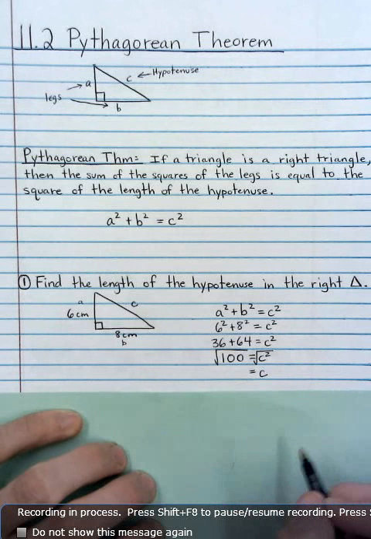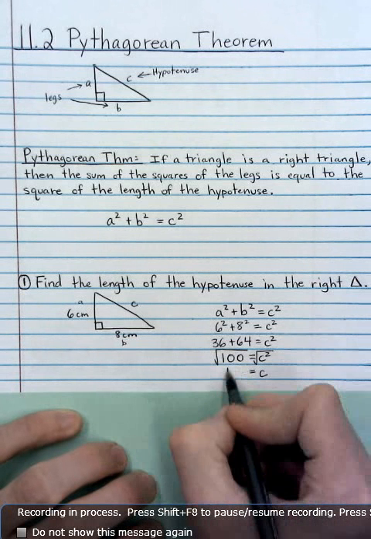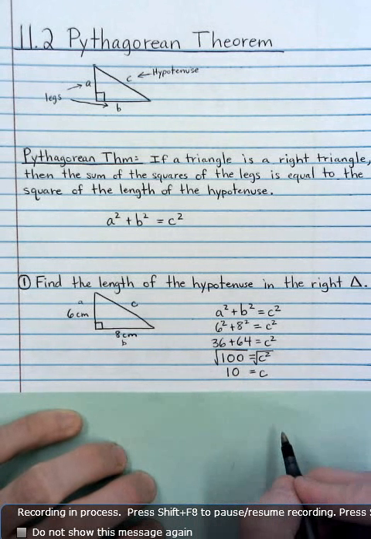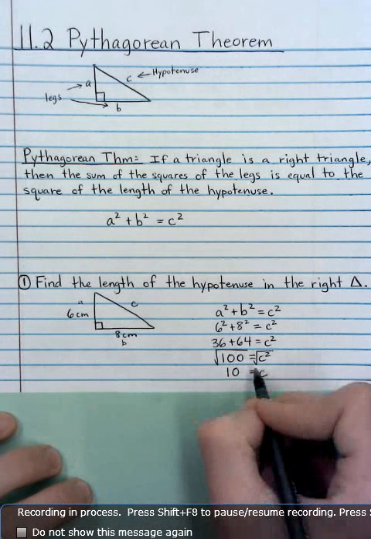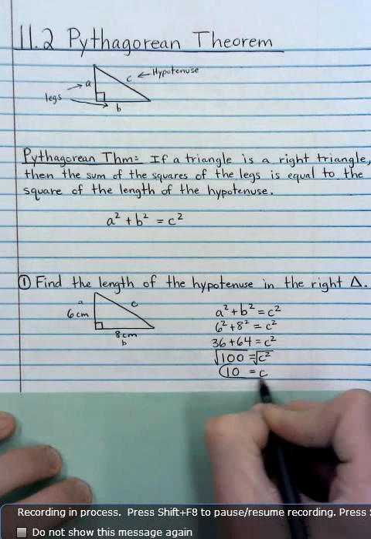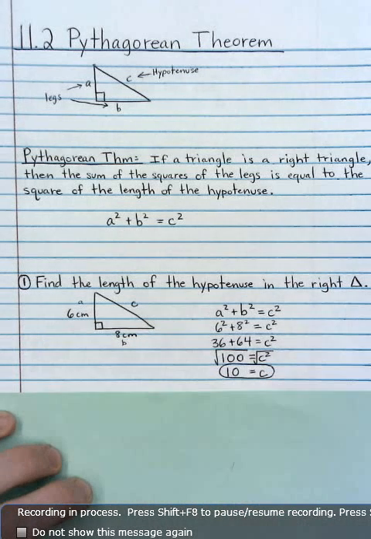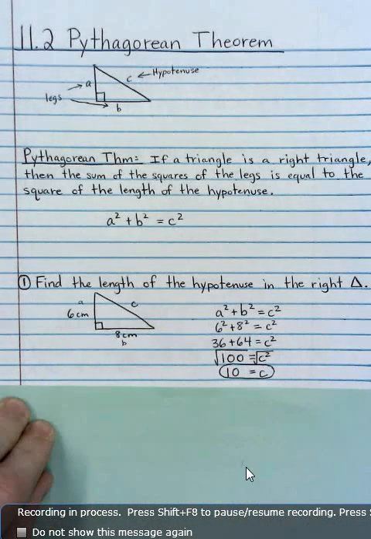Okay? And then the square root of 100 is obviously 10. So what you found here, the length of the hypotenuse is 10 centimeters. So the first thing we learned to do was to use the Pythagorean theorem to find the length of the hypotenuse in a right triangle.